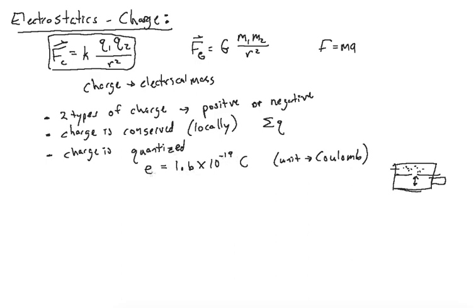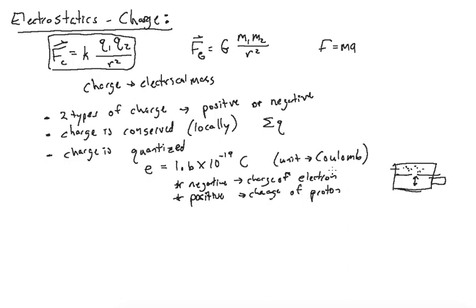And in fact, if it's the negative version of this number, it's the charge of a single electron. If it's the positive version of this number, it's the charge of a single proton. And then, of course, neutrons are neutral.